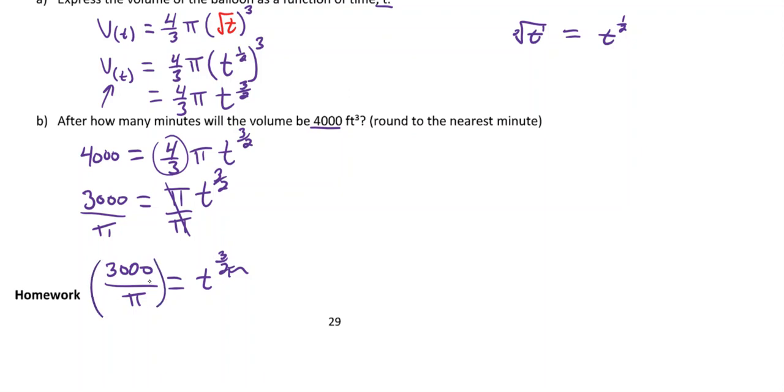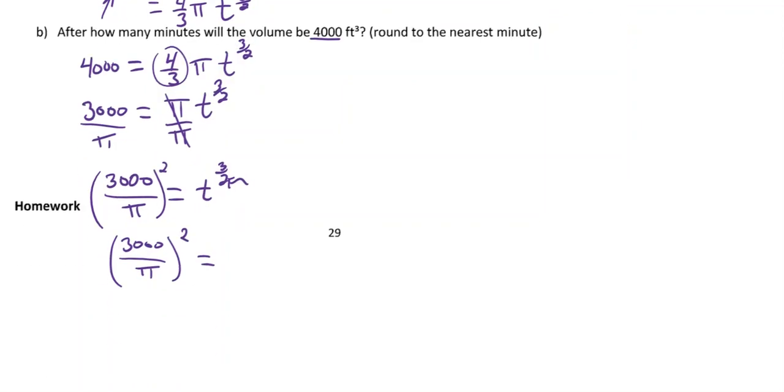So we can square both sides, and that will get rid of that. So we've got 3,000 over pi, squared, is equal to t to the power of 3. And then cube root that.